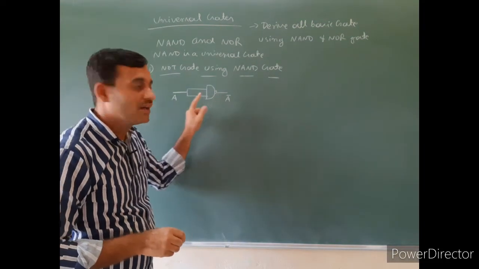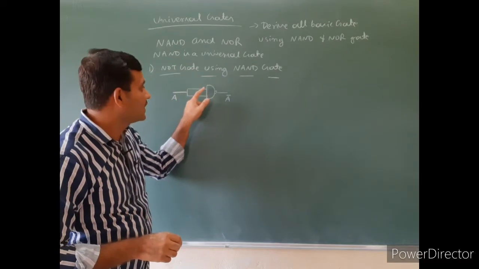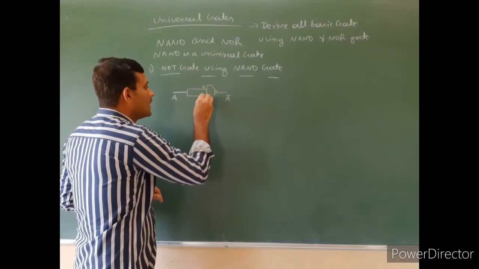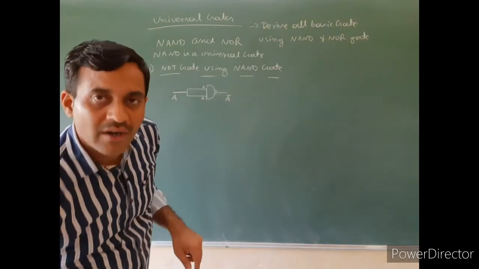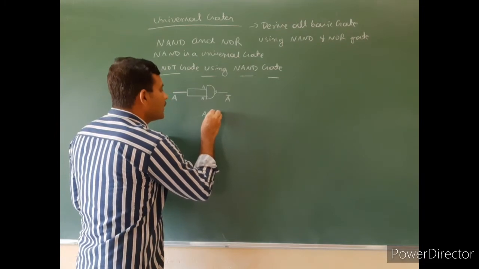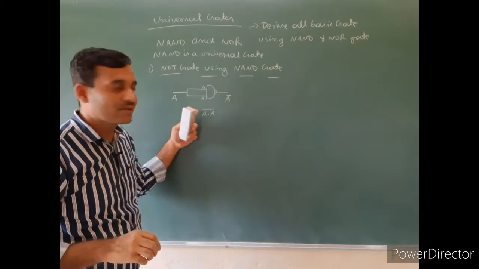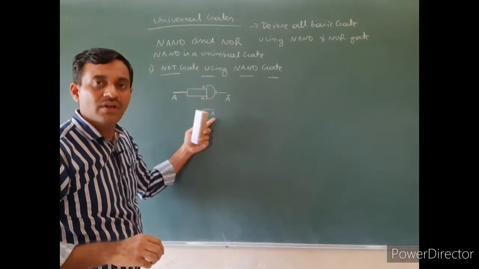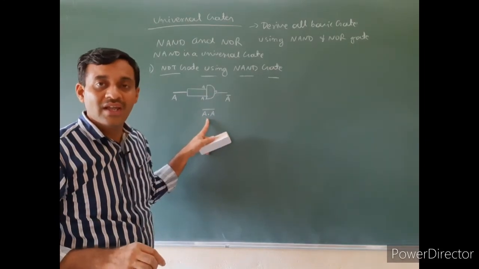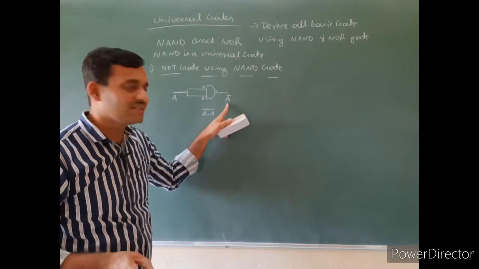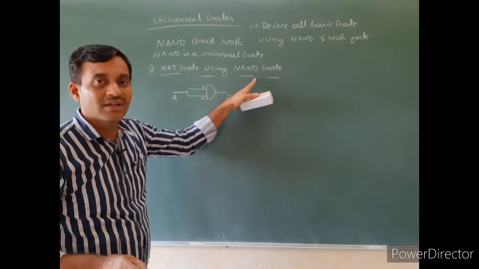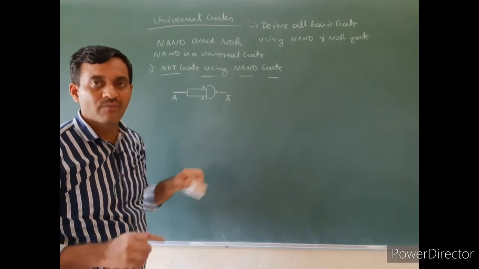How is it A bar? If it is A here, then here also there is A. Then what is the output? The output is (A into A) whole bar. But in Boolean theorems, X into X is X, hence it is A bar. We have proved the output of the NOT gate using the NAND gate. That is case number 1.